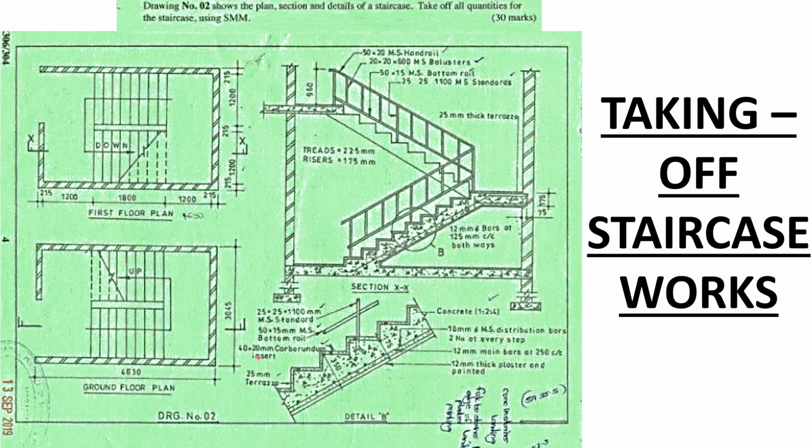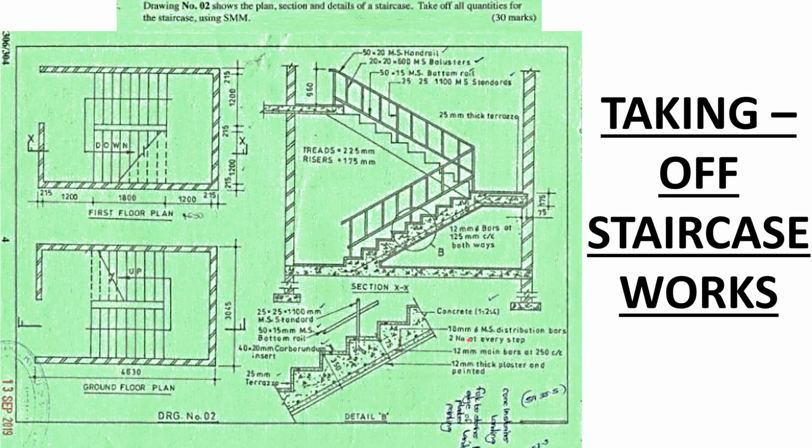Then we have 40 by 20 millimeters carborundum insert, which is usually on the staircase to prevent slipping. Here you have 12 millimeters thick plaster, and it's painted at the base of the staircase, at the soffits. Then here we have 12 millimeters main bars at 250 center to center. They are lying on the soffit of the staircase this way.